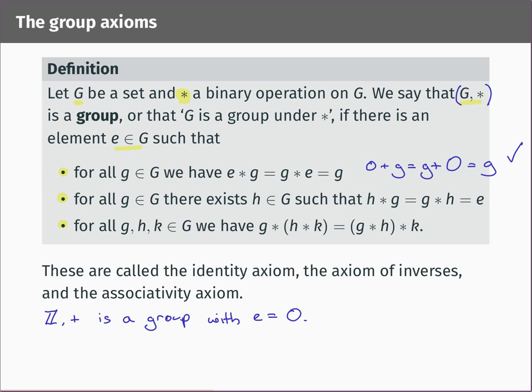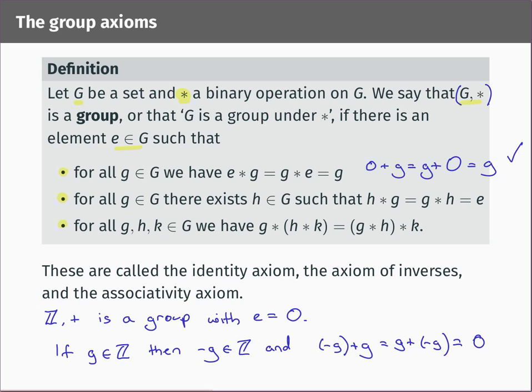You can just take h to be minus g. So if g is in Z, then minus g is also in Z, and minus g plus g and g plus minus g are both equal to 0, which was the special element in the axiom of the identity.